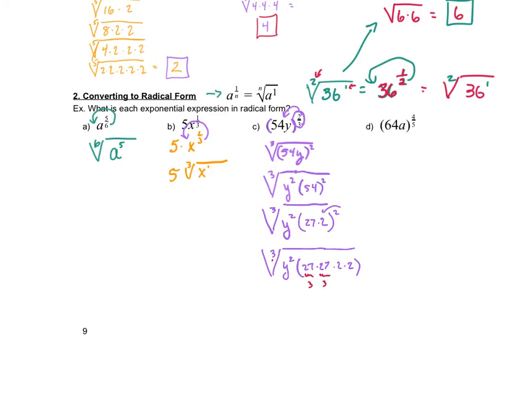I know the cube root of this 27 is 3. So I can bring them out. I have 3 times 3 outside the radical, leaving inside the radical y squared and then 2 times 2, which is 4. And if I go ahead and rewrite that in the proper manner, I would have 9 times the cube root of 4y squared.